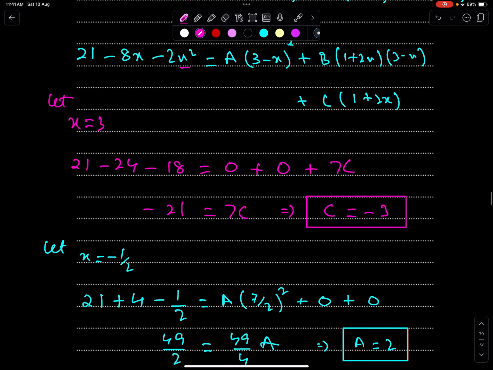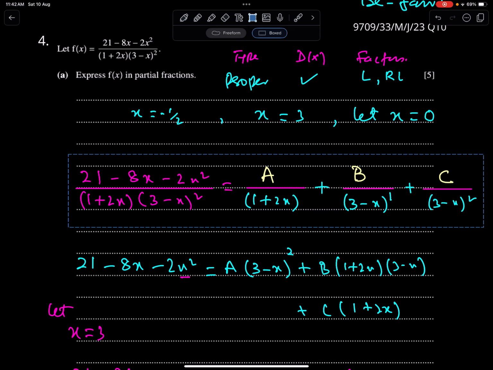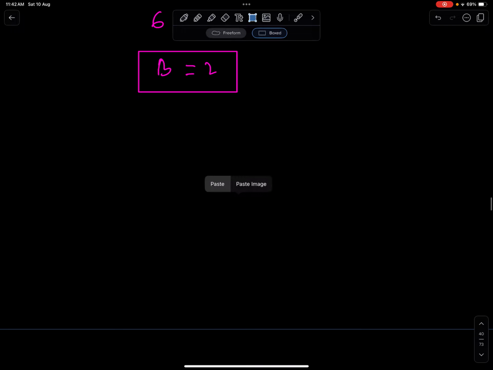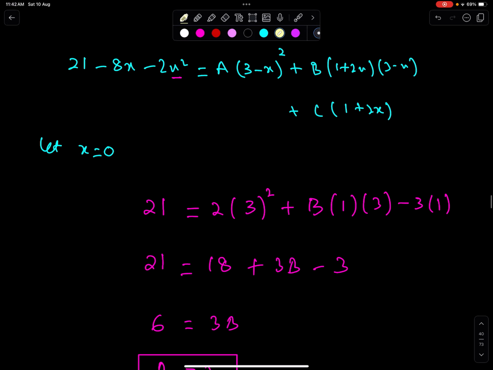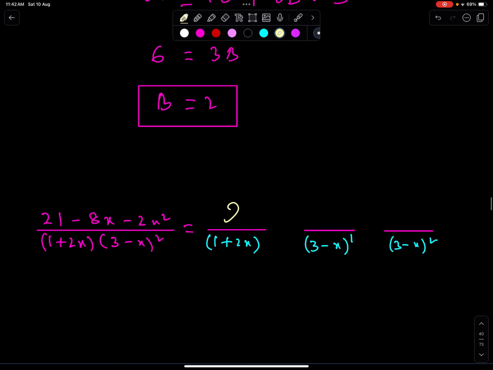Now substitute all these values back into this equation. Remember, you have to substitute all the values of the unknown constants into the partial fractions. So A is 2, B is 2, and C is minus 3.